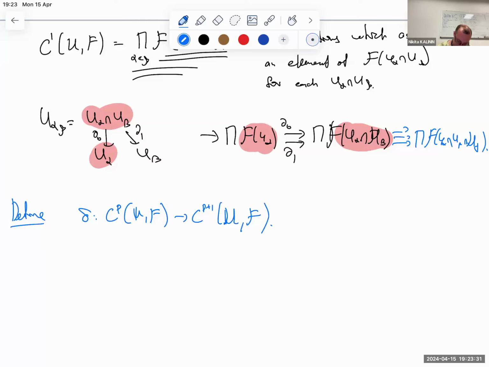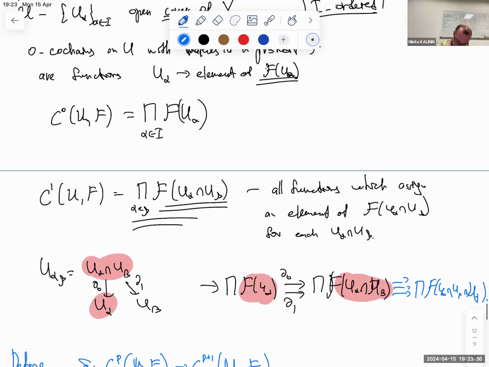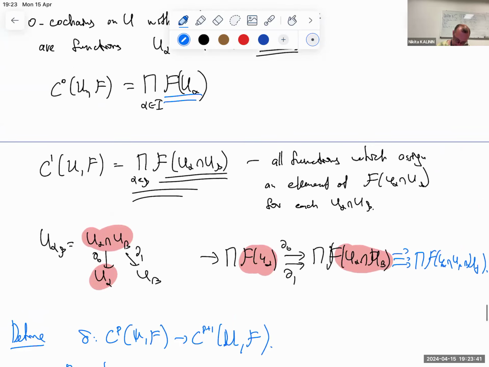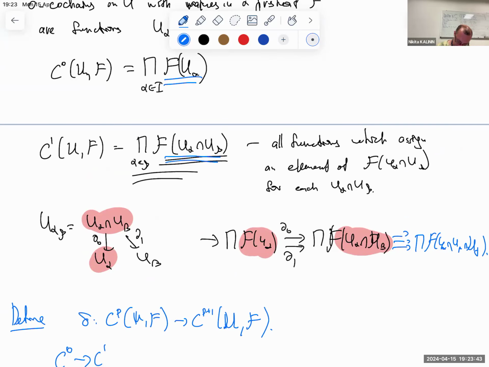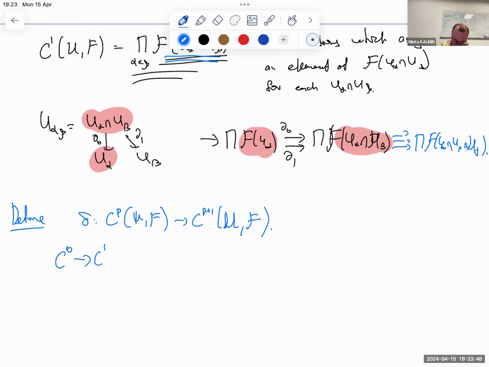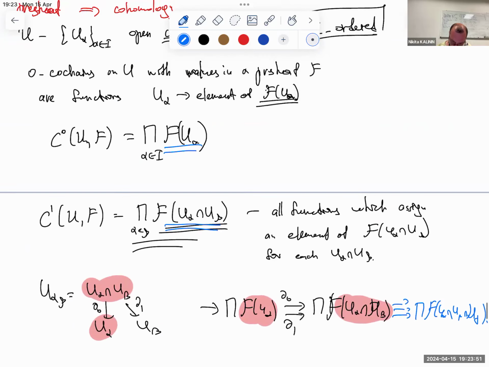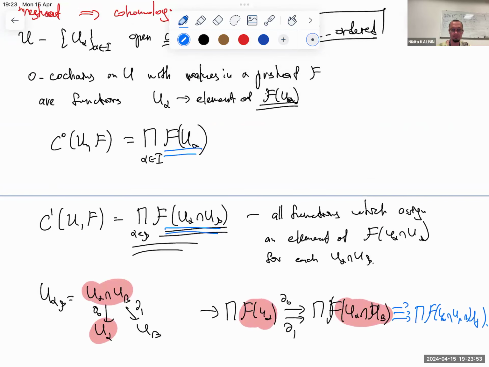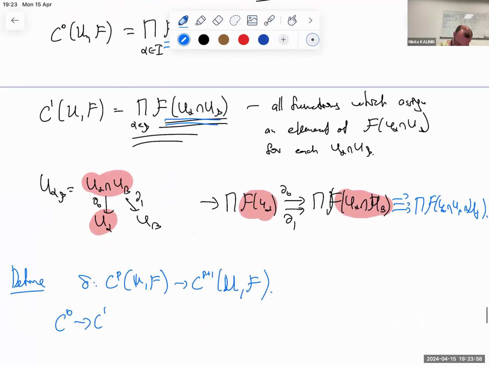The first step is simple, how to send it from C0 to C1. C0 is where you choose functions on every U alpha, and now you want to have functions on intersections. That's simple: if you have elements, let's say f alpha, then just take the difference. So here g alpha beta equals, for example, f beta minus f alpha.